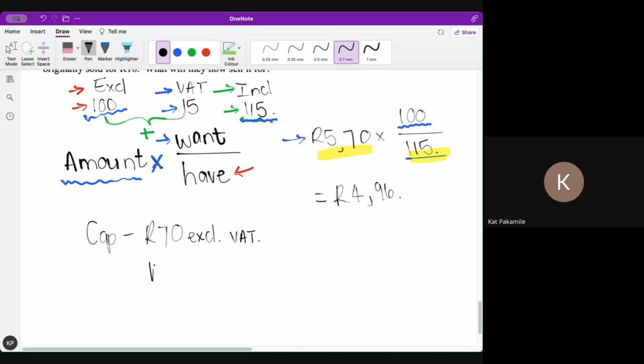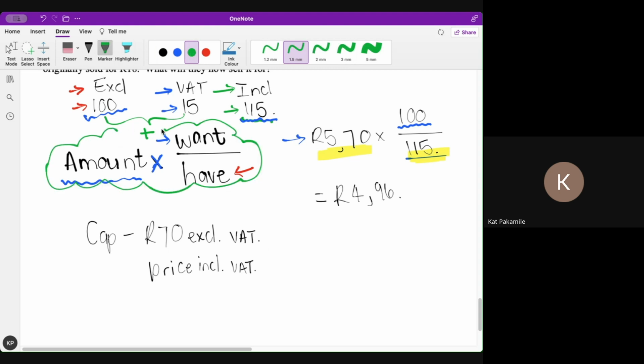And I want the price including VAT. Let's get going with our formula that I have made over here for us. Okay, what is my amount for this question? What is my amount for this question that I just made up? It is 70. So, the part where it says amount is 70 rands.